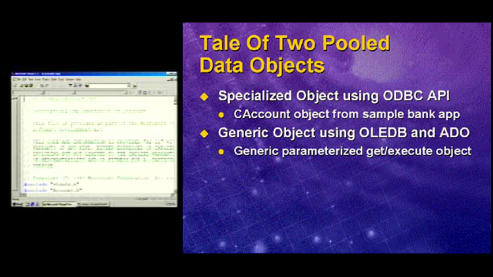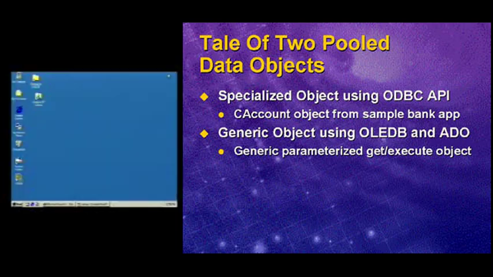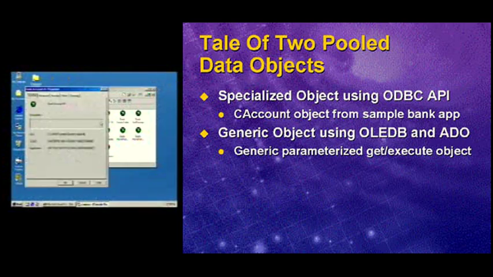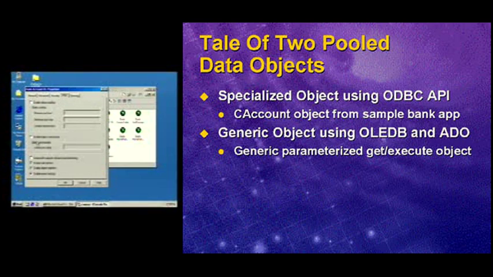So let me, as an aside, which really doesn't have anything to do with pooled objects, but is interesting because it has its own set of properties you have to watch out for, talk about something called object construction. If I check this box here, I enable object construction. That's what the box says, for the people in the back: enable object construction. When I do that, I can type anything I want into this construction string.